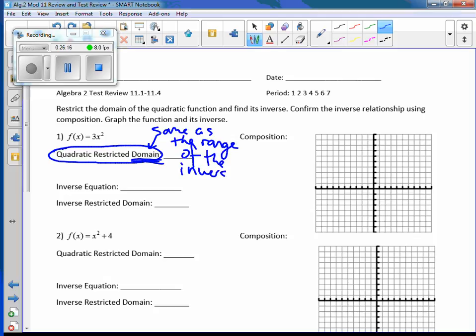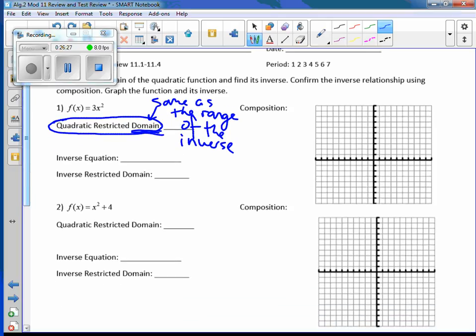So I can skip this and come back at the end once I find the range of the inverse and just copy it right here. So let's go ahead and get started on the inverse.